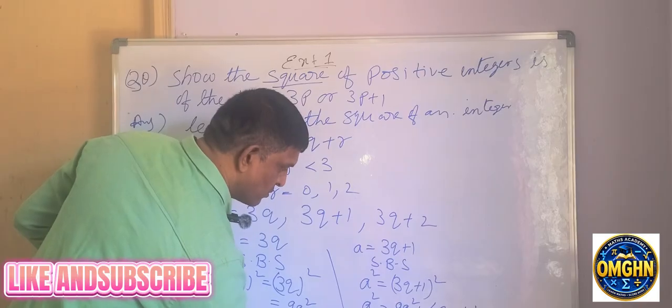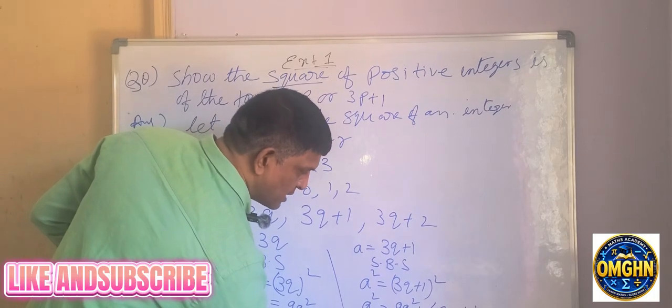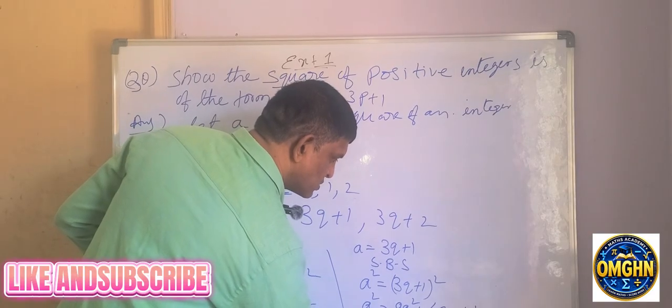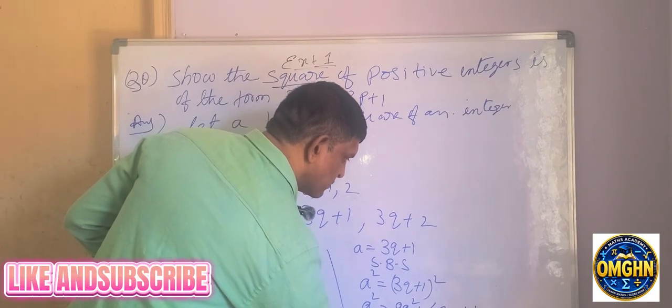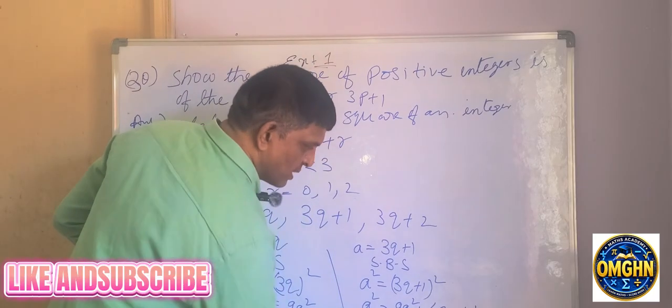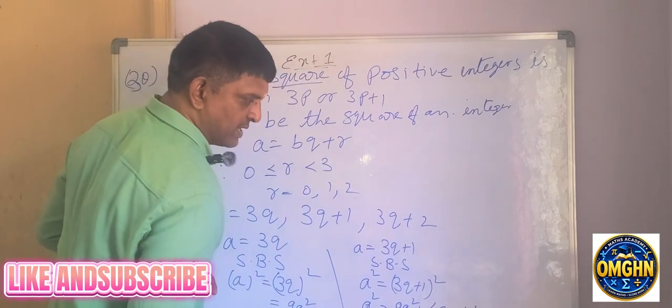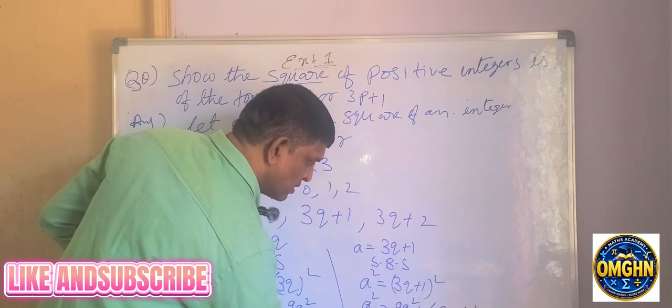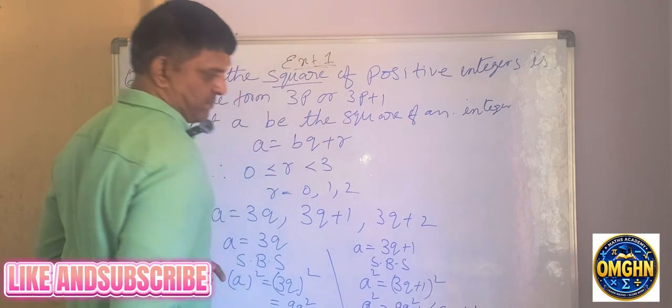Here I am taking 3 common, 3q square plus 2q plus 1. Here this value I will take as a p. That is a square equal to 3p plus 1.